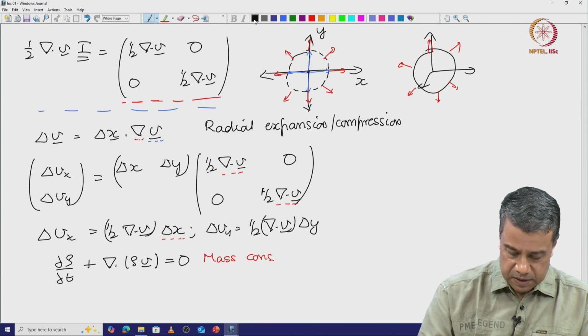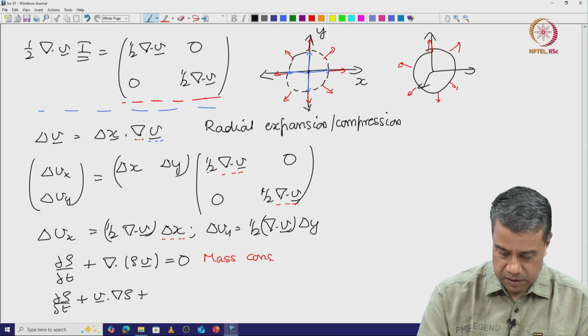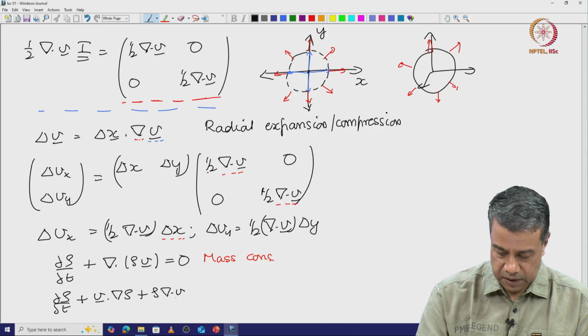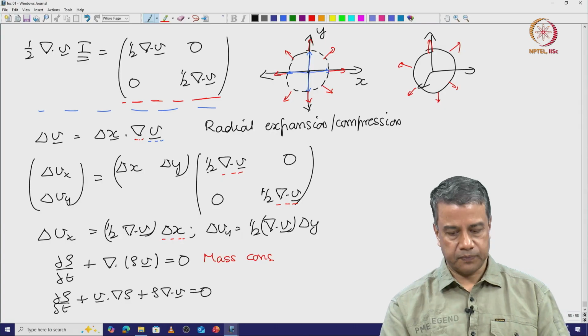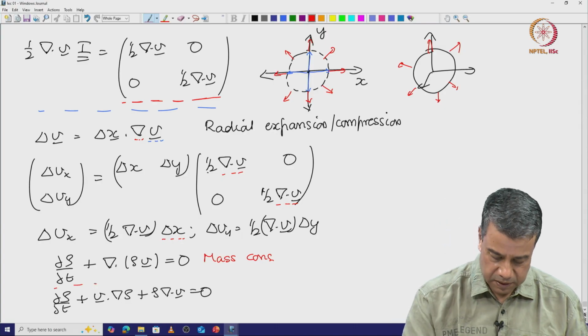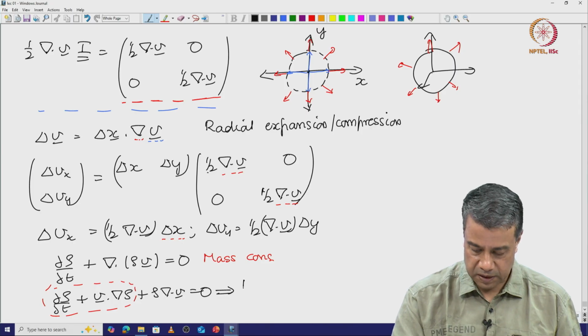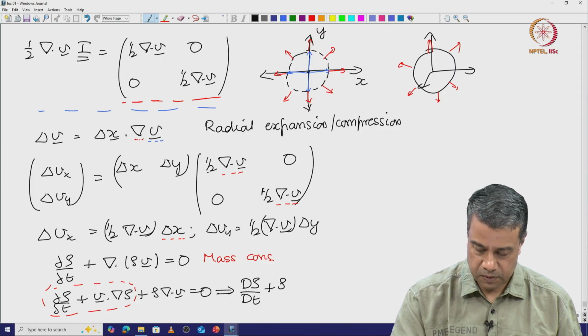Alternatively, we had written it as partial rho by partial t plus v dot grad rho plus rho del dot v is equal to 0. And if you recall, the first two terms are the substantial derivative. In a reference frame moving with the fluid velocity, d rho by dt plus rho del dot v is equal to 0.